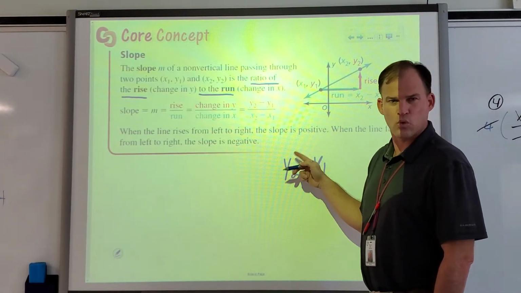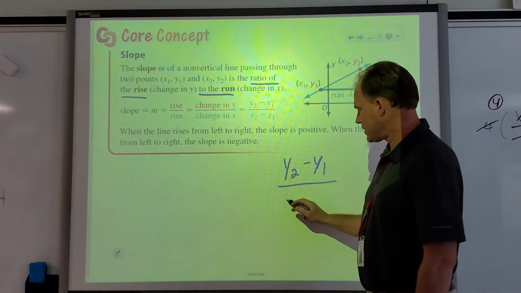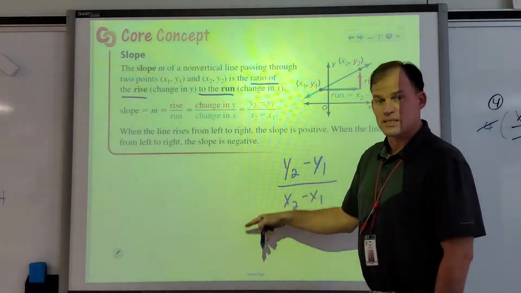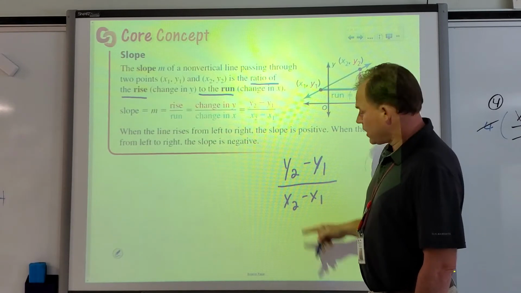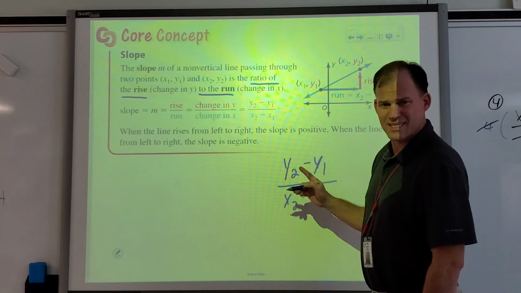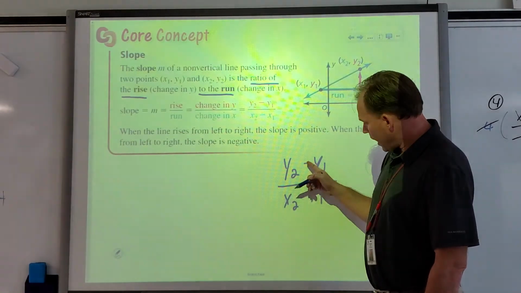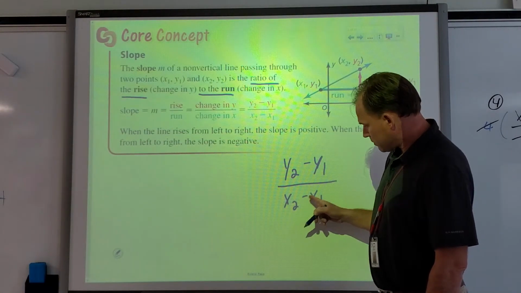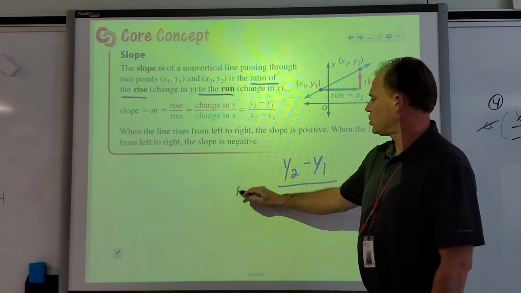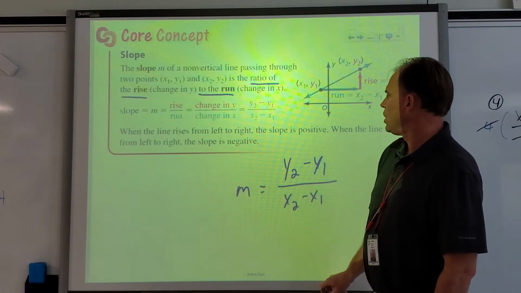It doesn't mean y squared. Same thing for the x's: x sub 2, x sub 1, the second one minus the first one. Order is important here as long as you're consistent. Do the second y minus the first y, the second x minus the first x. All right? And that equals the slope.